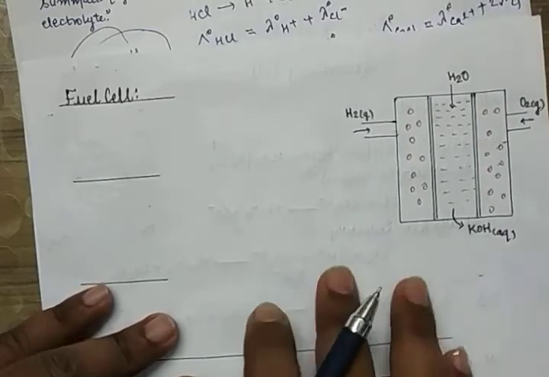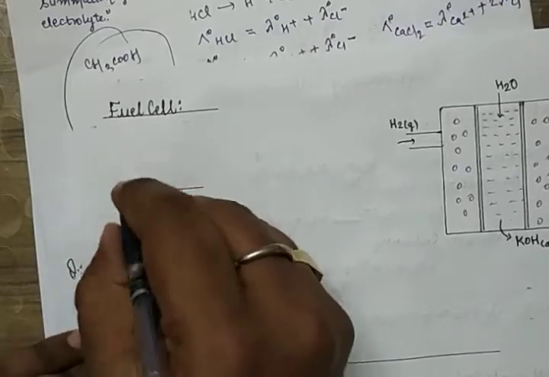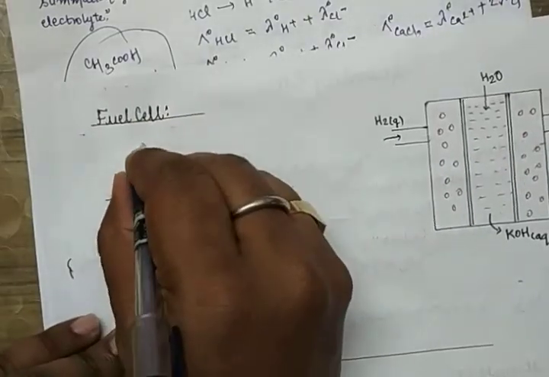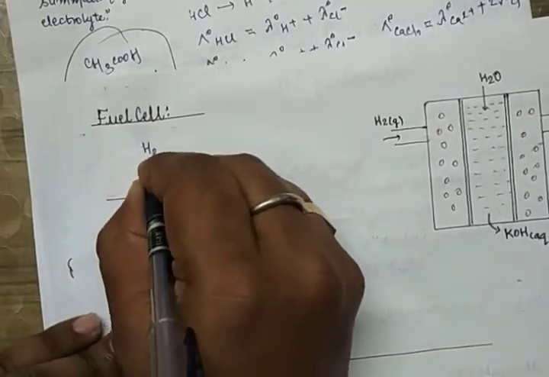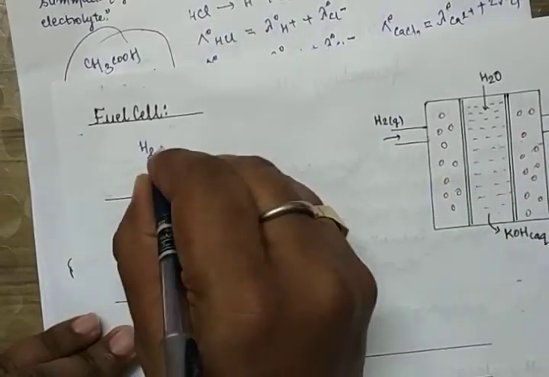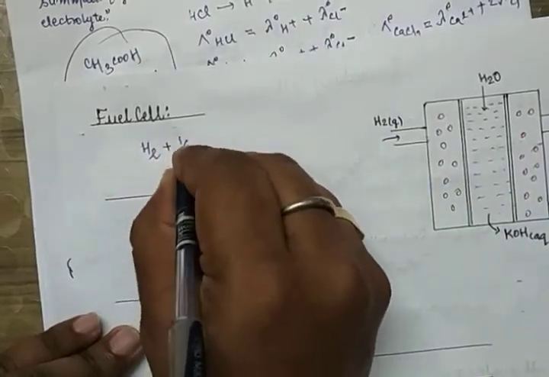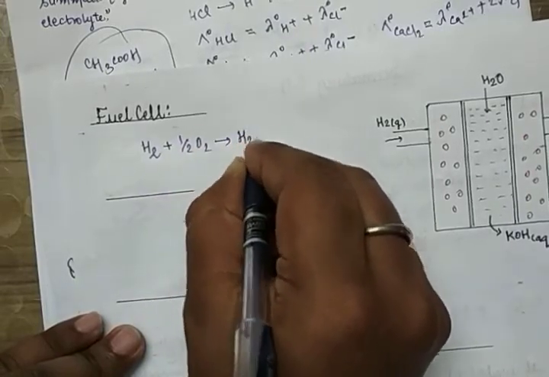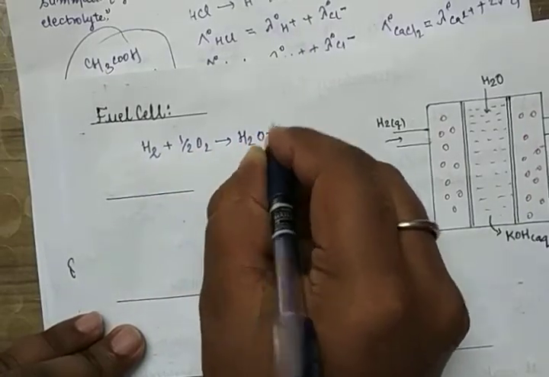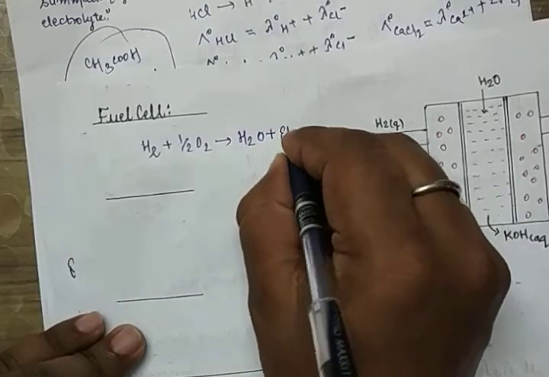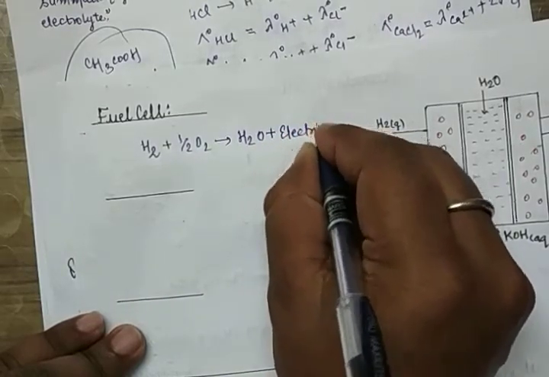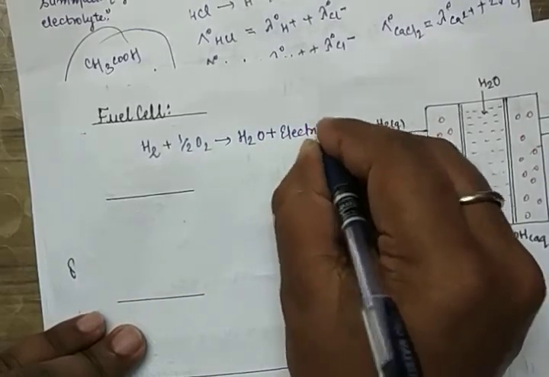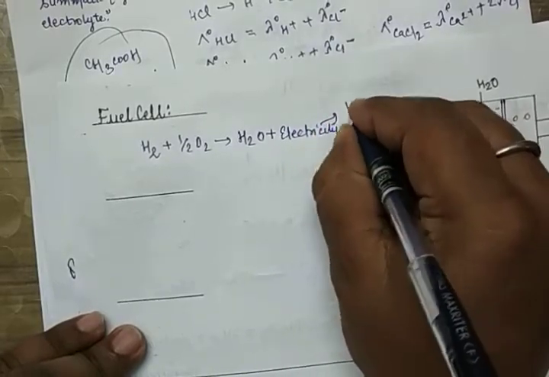Now at the anode, first check what the reaction is. In this case, hydrogen and half oxygen react to form H2O, and electricity is released. It means it is highly explosive.